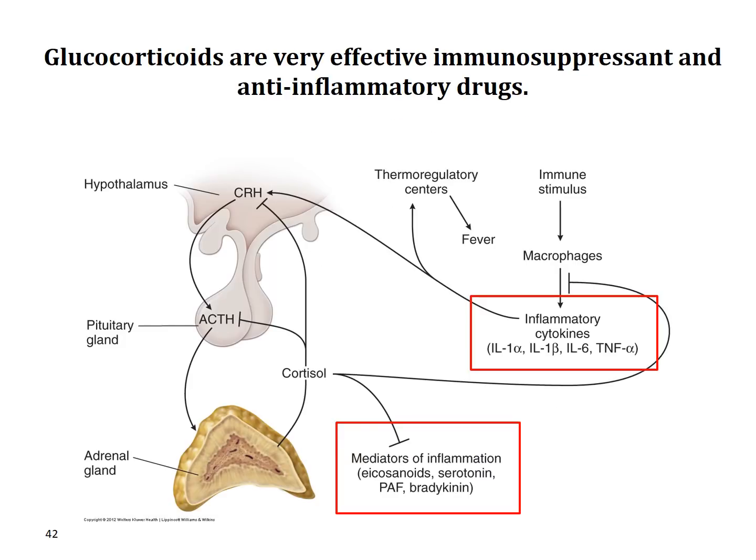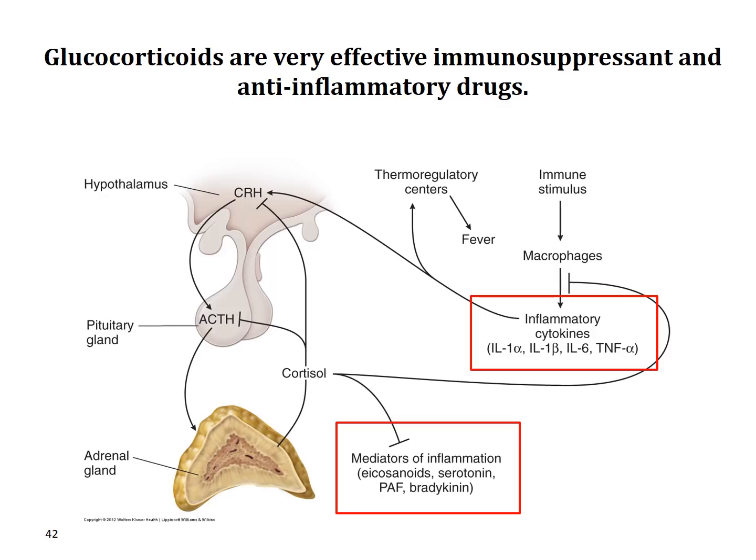And again, glucocorticoids are very effective at suppressing inflammation and suppressing the immune system. Remember that the immune system is regulated by white blood cells being activated by inflammatory mediators.